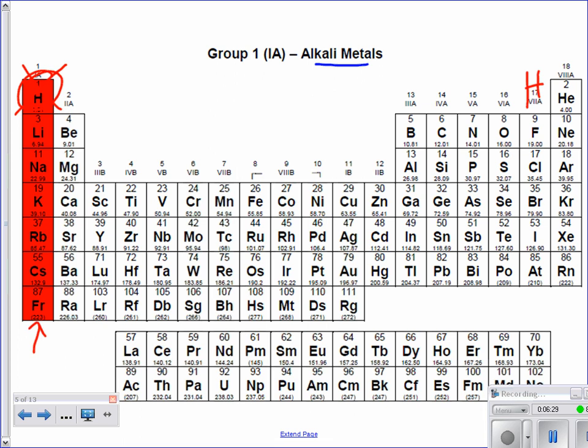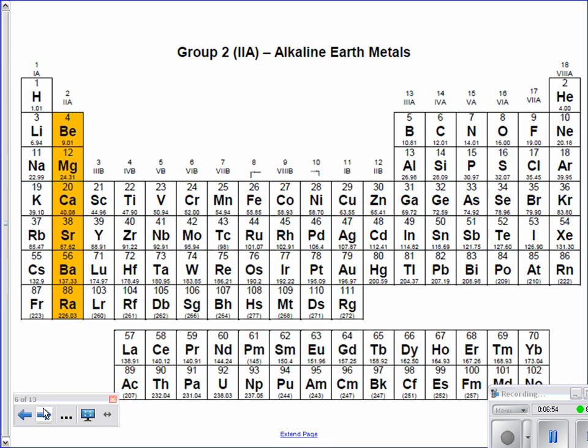You don't need to know this yet. They all have one electron in their outer energy level, meaning they all want to do the same thing with that electron. I know it's not really a metal in the way we think of the properties of metals, but it has similar properties because of that one electron in its outer energy level. Good question.